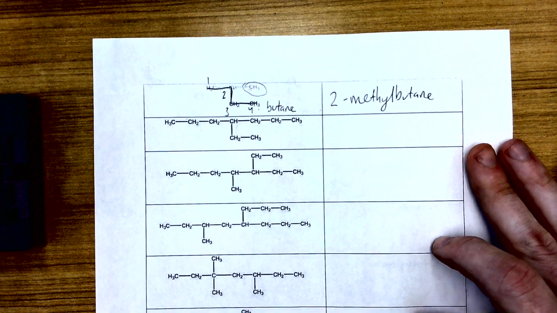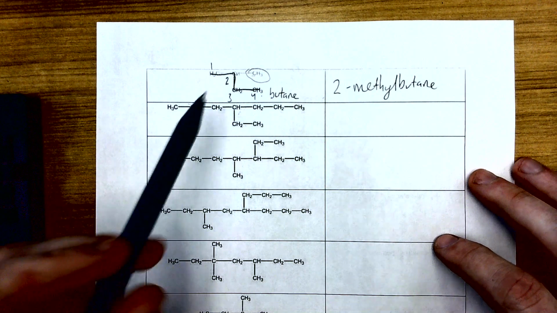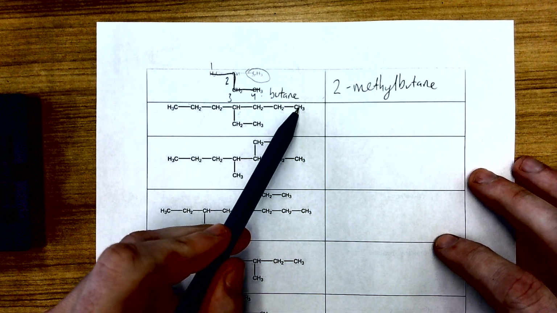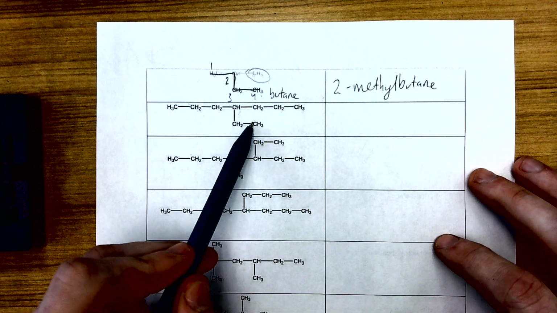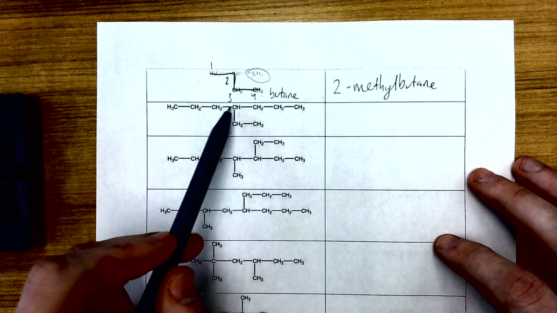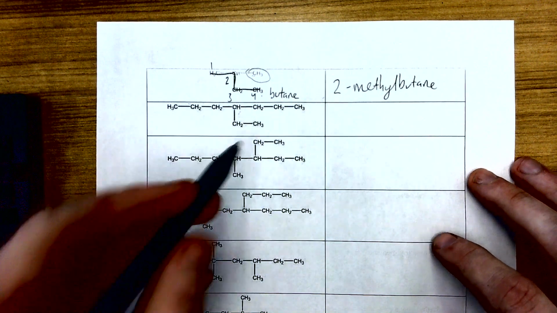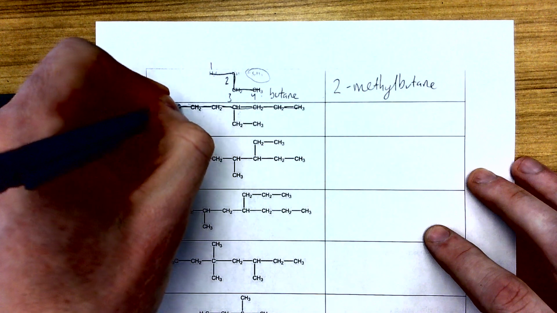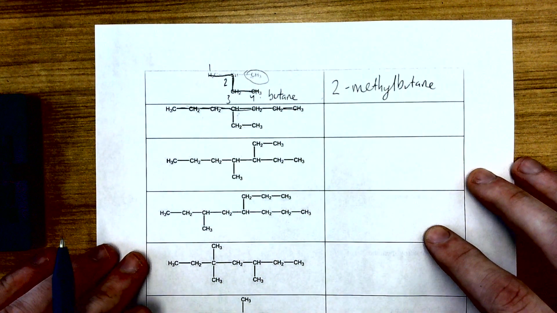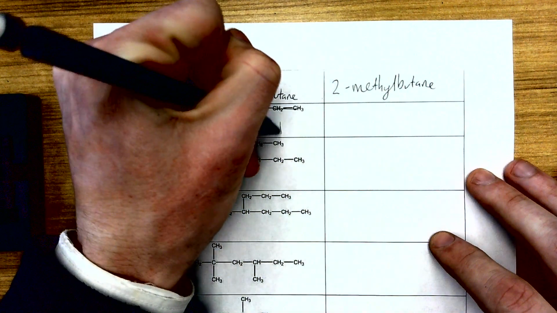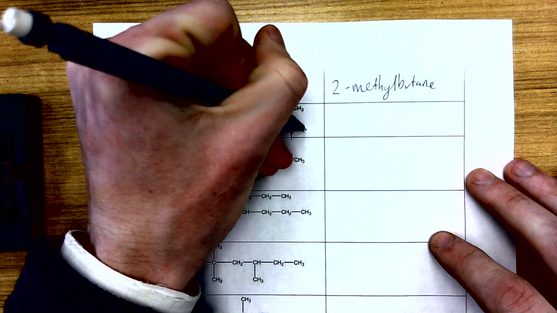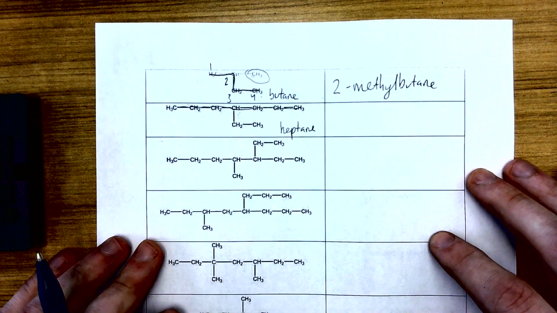Okay, let's keep going. For this one, find the longest chain you can find. 1, 2, 3, 4, 5, 6. 1, 2, 3, 4, 5, 6, 7. So the longest chain here is 7 long. 7 is hept. So this will be heptane.